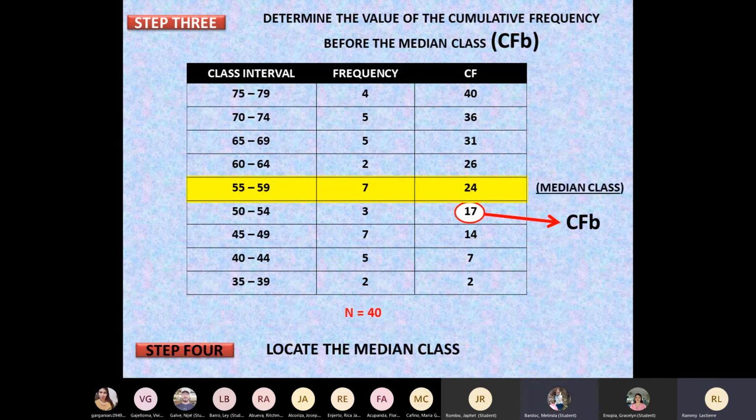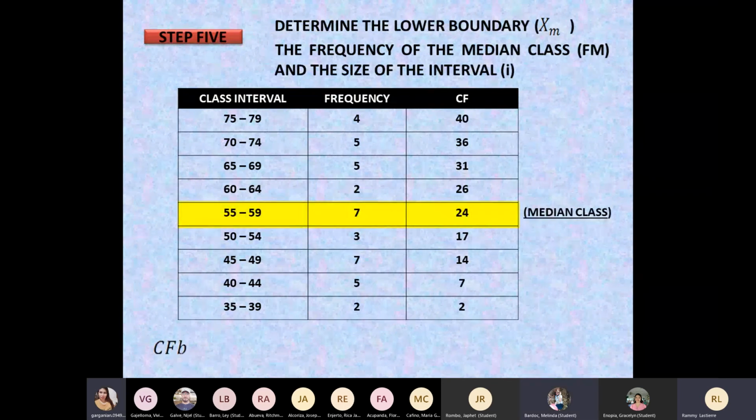So, the median class. Another variable found in our formula is the frequency of the median class, which is 7. 17 is our cumulative frequency.